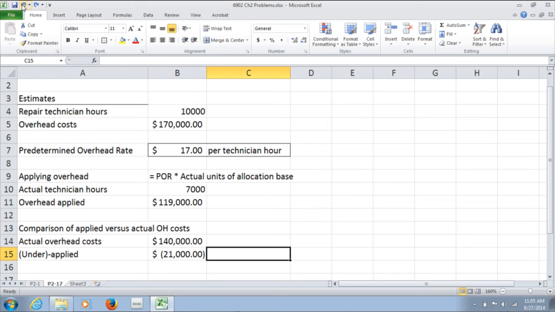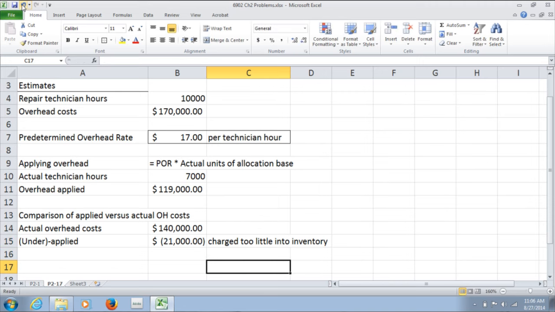So we've underapplied. In this case, since we've underapplied, then that means we have charged too little into inventory. So we're short.